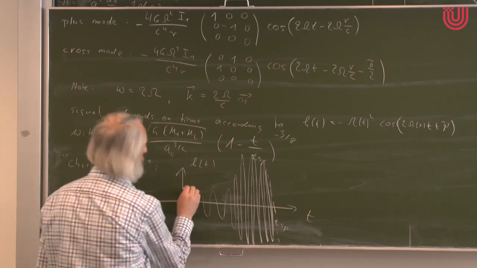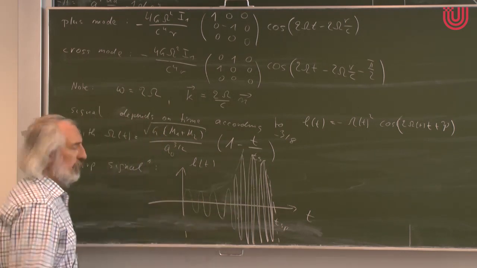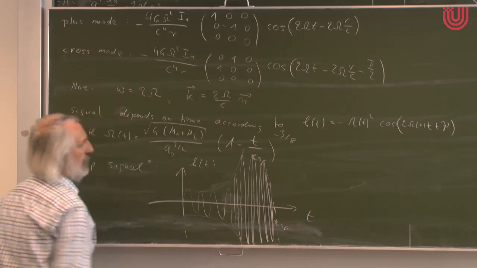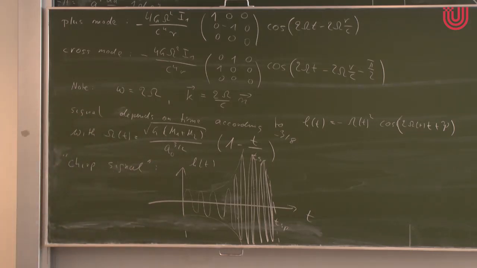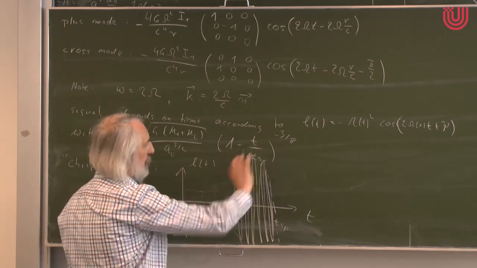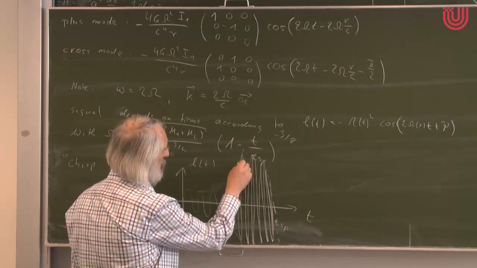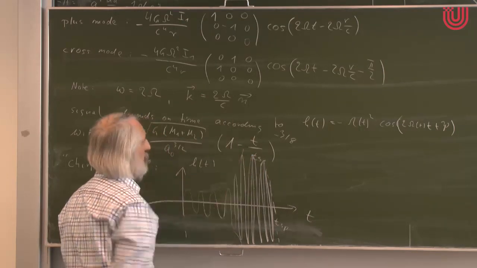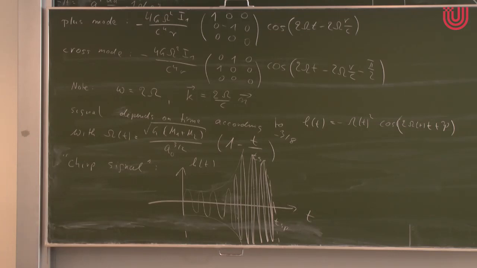In this mathematical idealization, it really goes to infinity. It's a typical chirp signal. Of course, the final phase is unrealistic. But up to a certain increase in the signal strength, it is quite realistic for a merger of a two-body system.